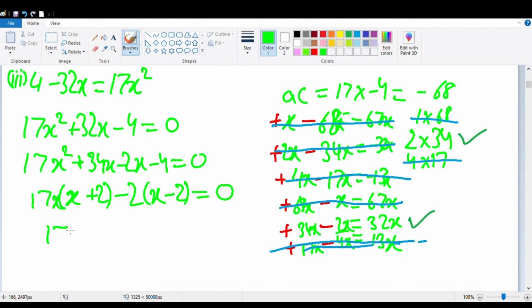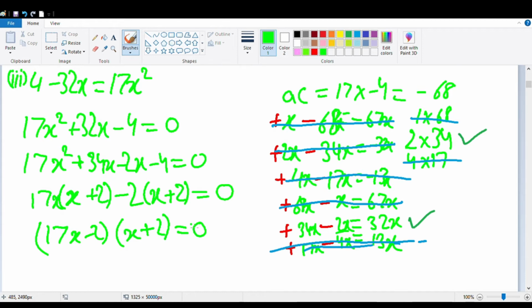So 17x minus 2 and x plus 2. Sorry guys, this is plus, by the way. Plus 2. And yeah, so from here we see that all of us can make mistakes.